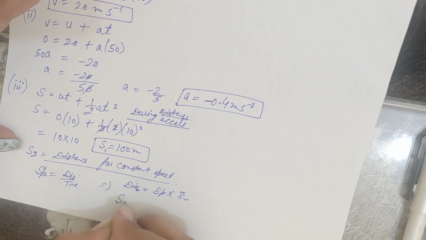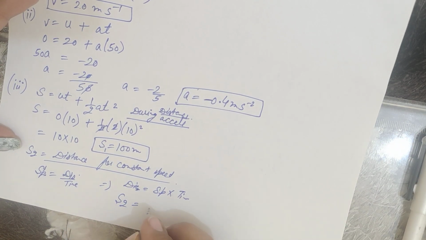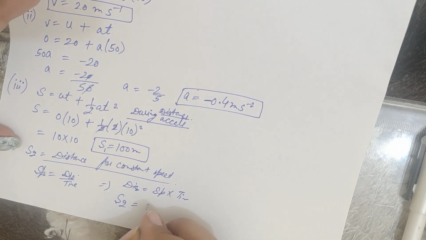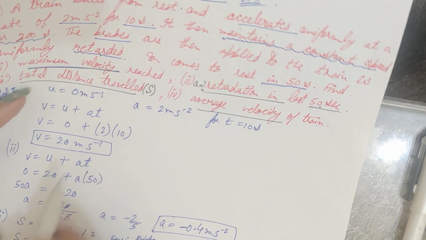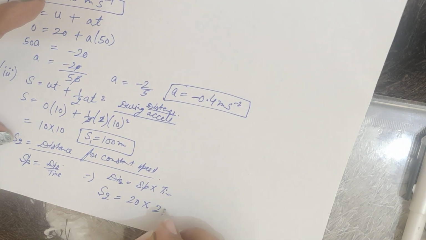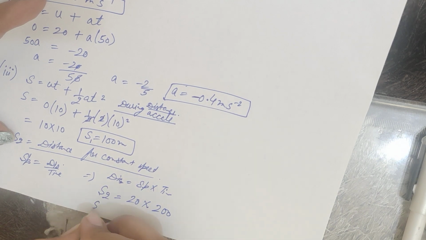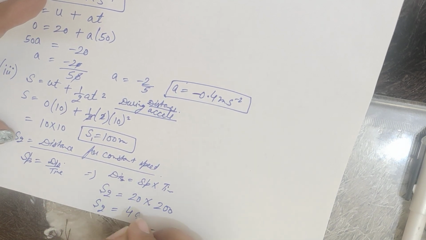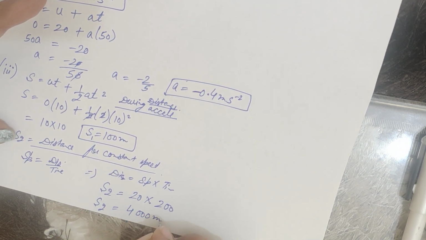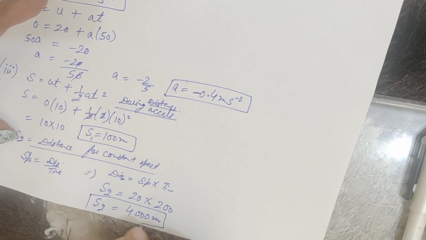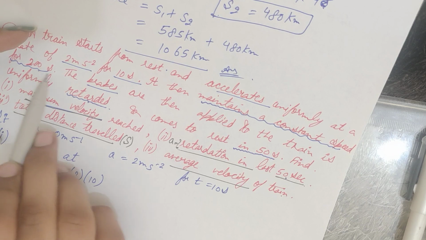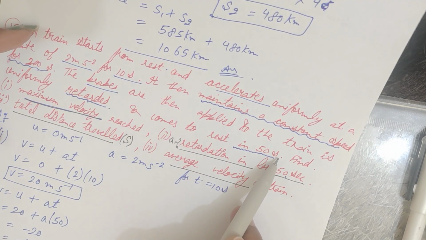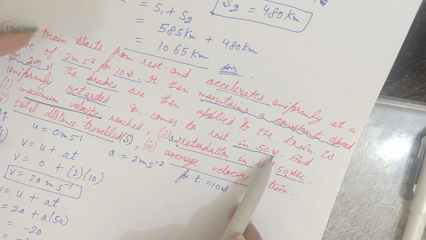S2 is equal to the speed, which is 20 after 10 seconds, and time is 200 seconds. It was going smoothly. So S2 is equal to 4000 meter. Now 10 seconds is done and 200 seconds is done. Brakes are applied for the last 50 seconds, which is left. Now we need to find the distance during the retardation time.